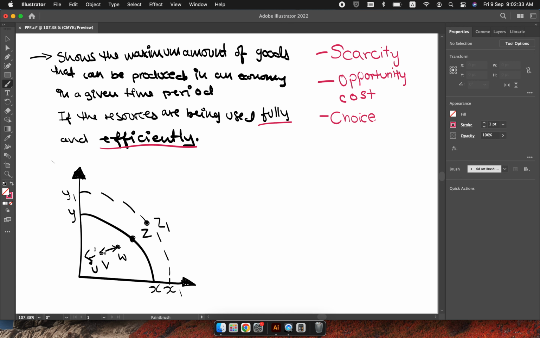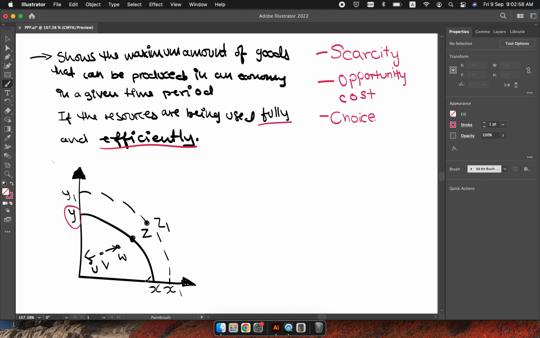So here is a production possibility curve, and there are different parts of a production possibility curve. So the first one is the Y. Now this Y represents good Y, because on each axis of the production possibility curve, a good is plotted. So it could be really anything, it could be brown bread and white bread.